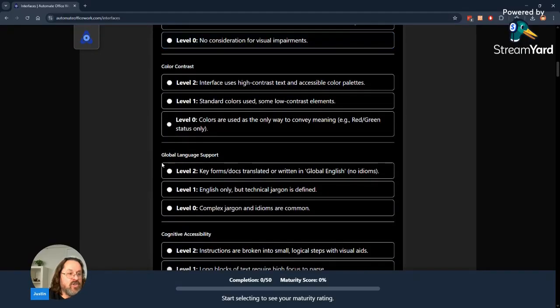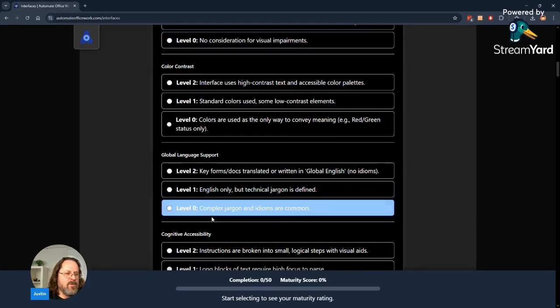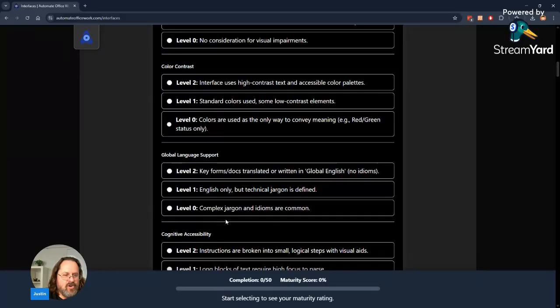The next question is color contrast. Another question is global language support. We now work in these global organizations. Level 0 for global language is complex jargon and idioms are common. Not everybody speaks English as a native language. Some people struggle with English. So knock it off. Stop using this complex jargon and idioms that make no sense.